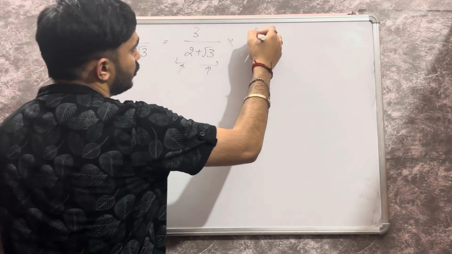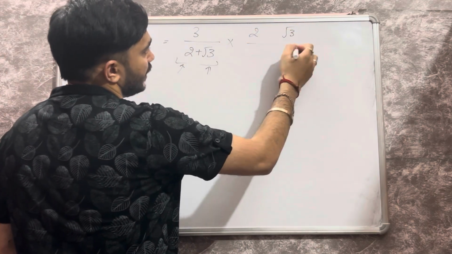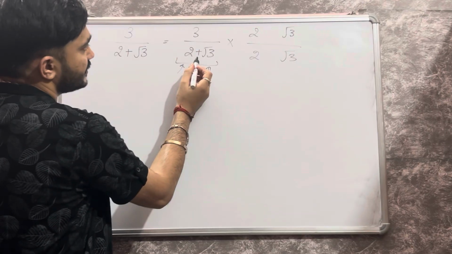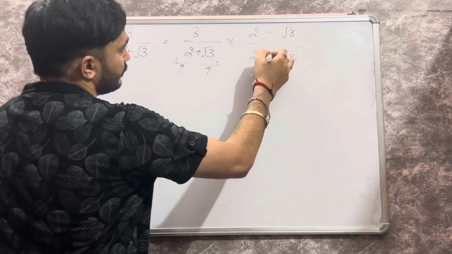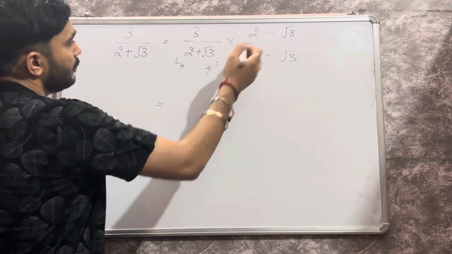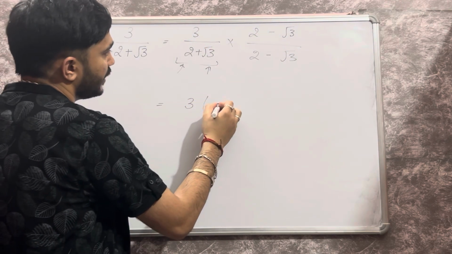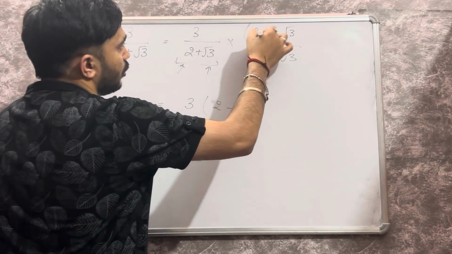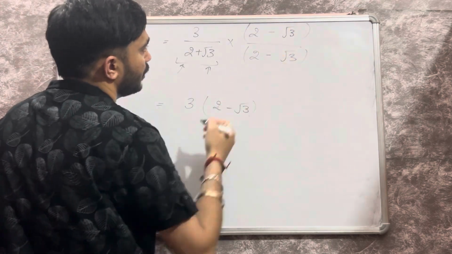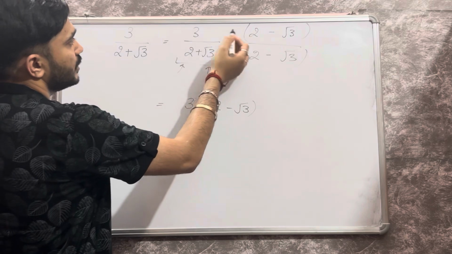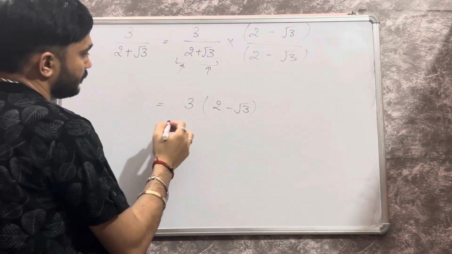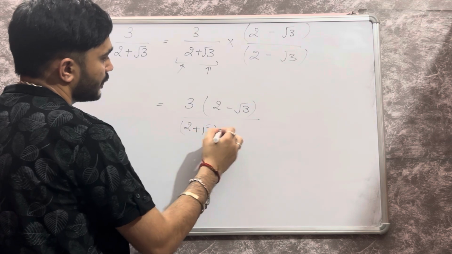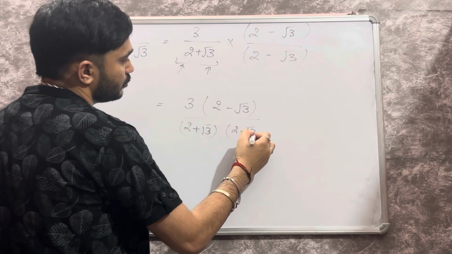So write 2 and under root 3 as they are, and change this sign plus into negative. So 3 multiplied by 2 minus under root 3. Always take brackets up and down here because this number is going to be multiplied, divided by 2 plus under root 3 and 2 minus under root 3.